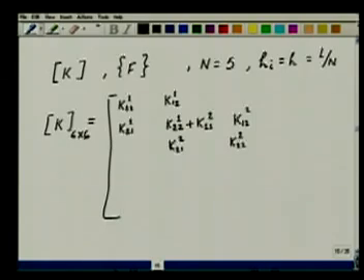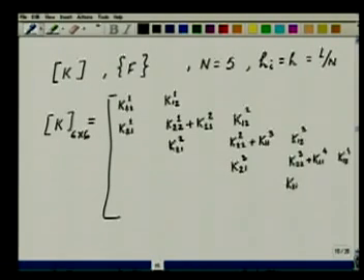So third row, third column will have K11 of element 3, and similarly here I will have K12 of element 3, and then in the fourth row I will have K21 of element 3, and here I will have K22 of element 3. This way I can keep on adding. So I will then add K11 of element 4, K12 of element 4, K21 of element 4, K22 of element 4, and so on.